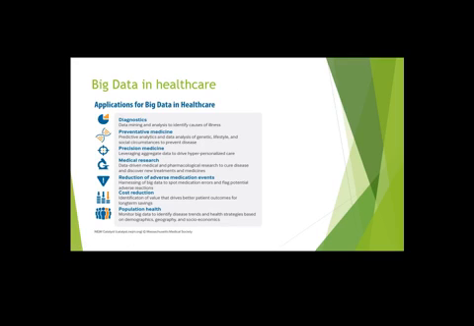Now, what can we get from big data? It helps us in diagnosis, and from that we can identify trends and associations. Prevention also: it helps us to know when things are associated with particular ailments on a large scale.